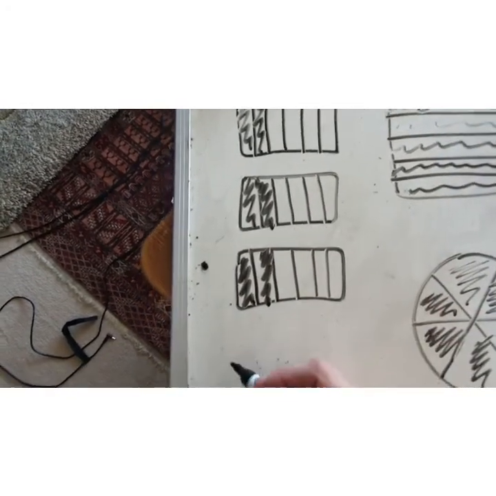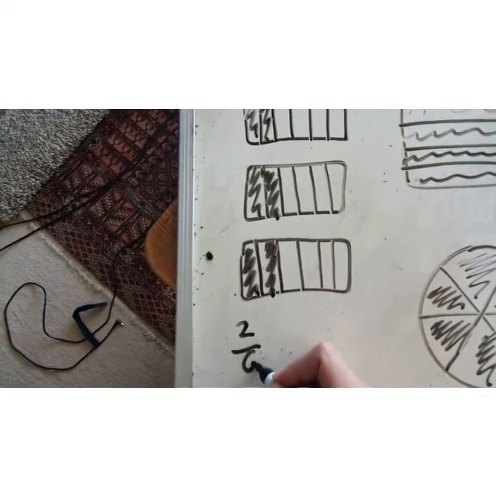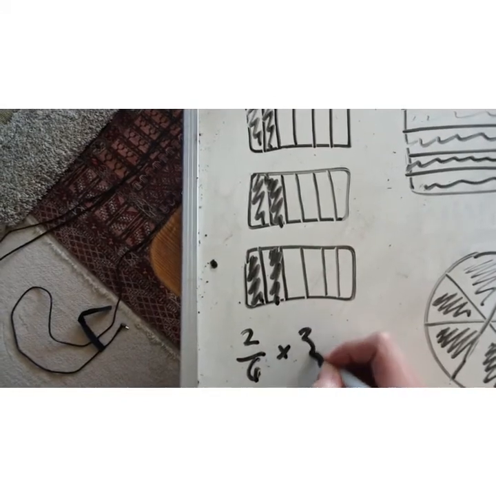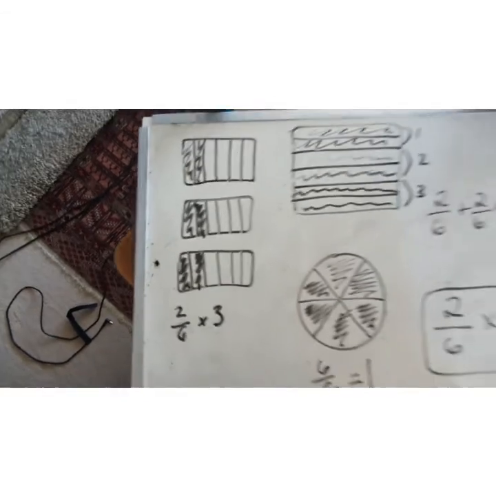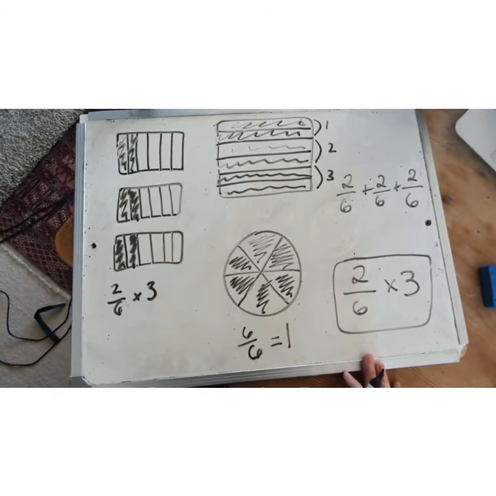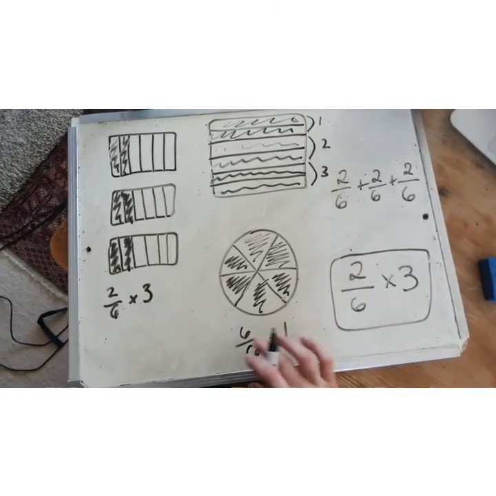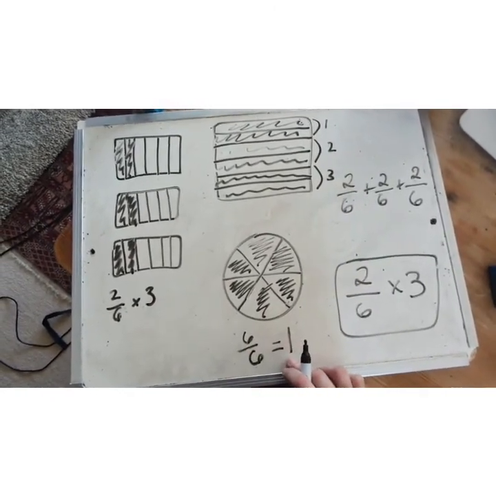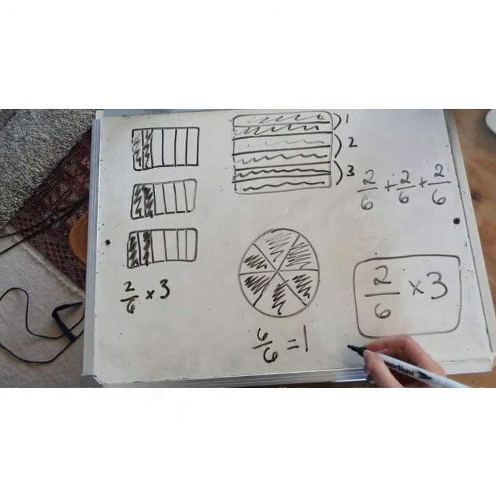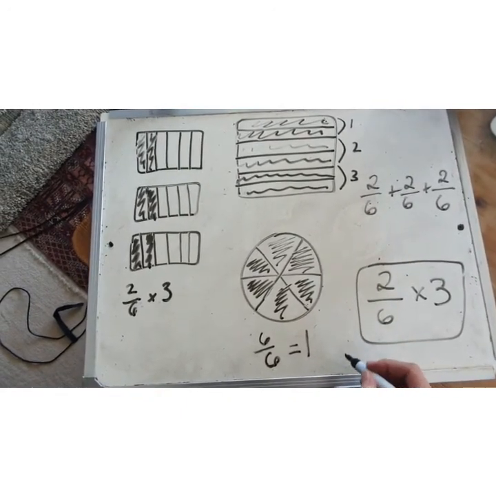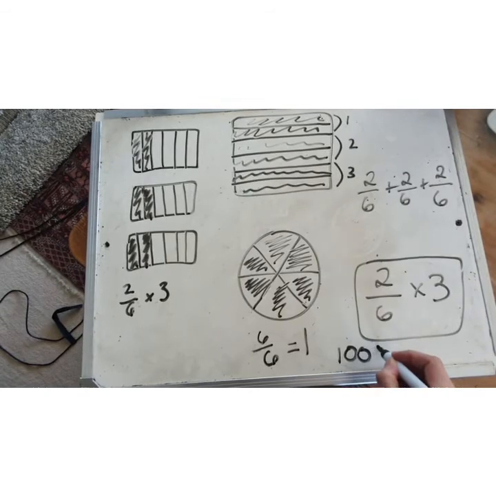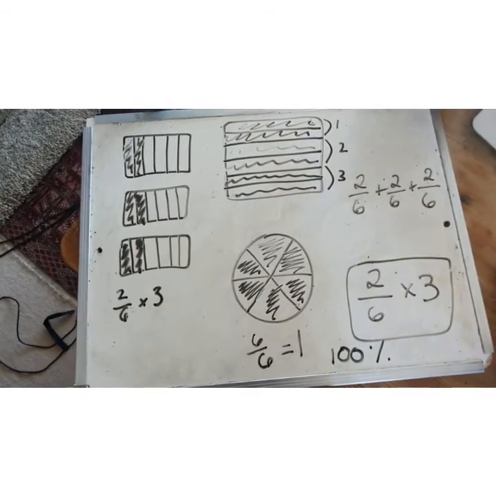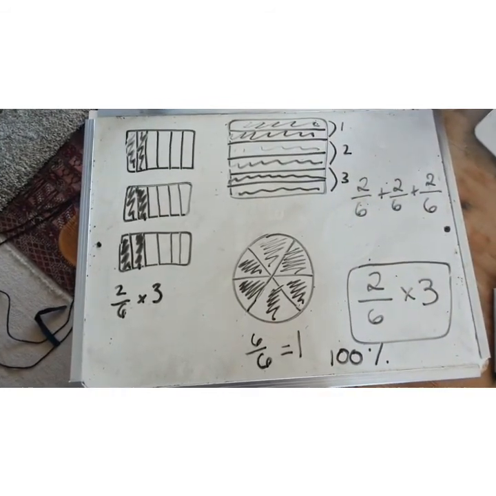So this shows that you have coloured in 2 sixths and you have done that on 3 different shapes. So there are some different ways that you could show the answer. But if you got 6 sixths or 1, or as a percentage, what is 1 whole as a percentage? 100%. Well done, keep going.